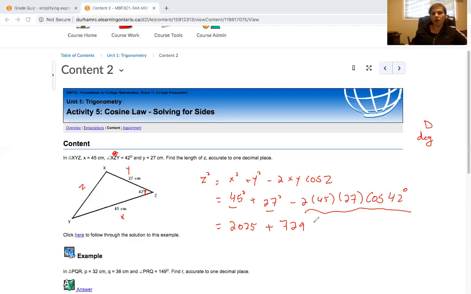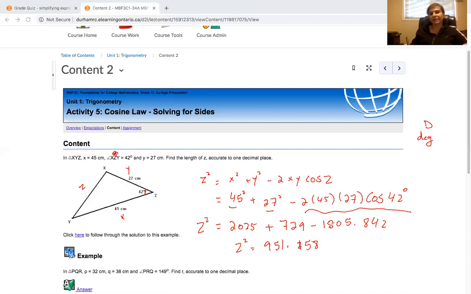Try to get it to 2 or 3 decimal places for now, because we're going to have to round at the end. Now if I add all of these together, that's going to give you 951.2 or 0.158.